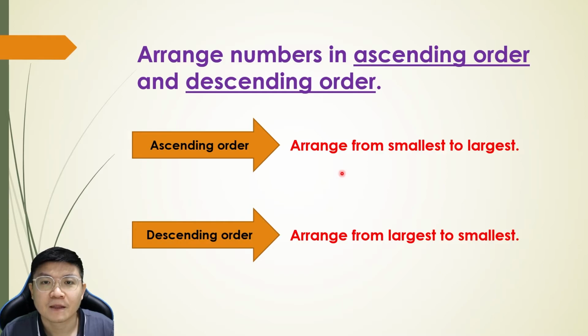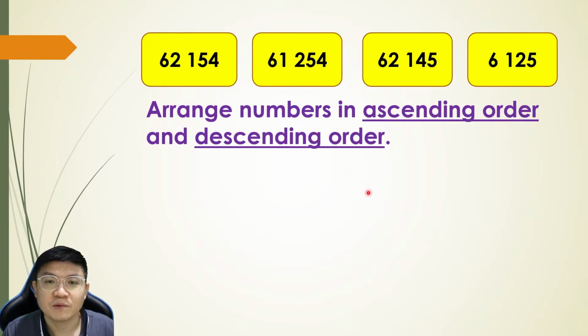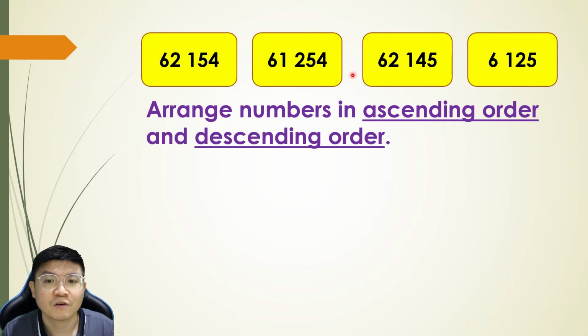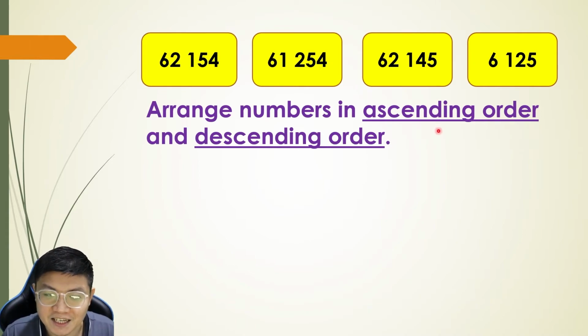Okay. Now I'm giving you a series of numbers: 62,154, 61,254, 62,145, and 6,125. Now you need to arrange the numbers in ascending order and descending order. You had learned about the comparing skill, right?